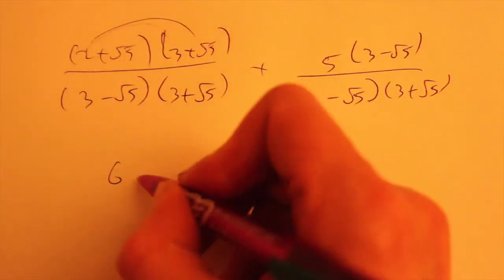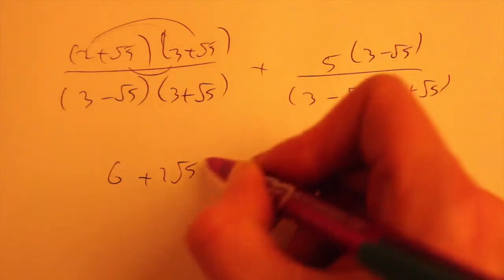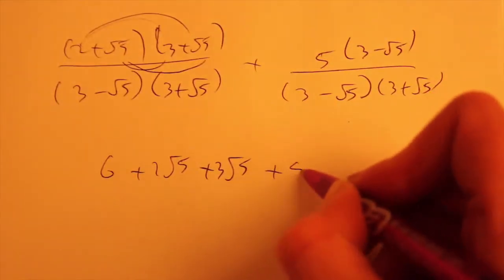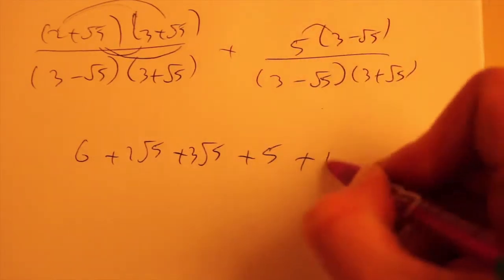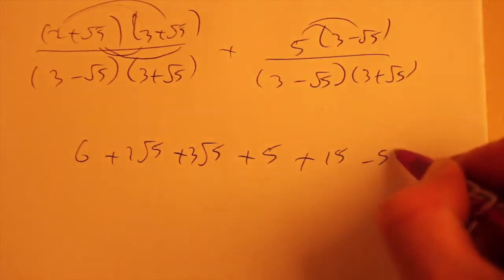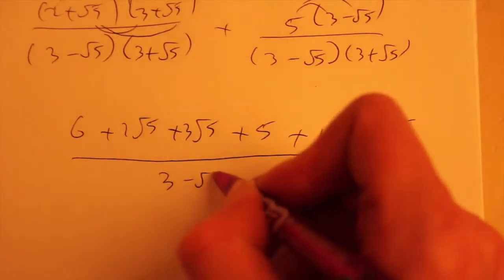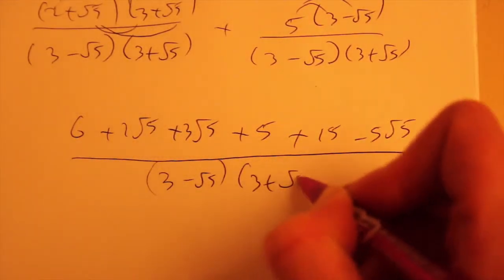6 add 2 root 5, add 3 root 5, add 5, plus 15 minus 5 root 5, all over the bottom line, 3 minus root 5, 3 plus root 5.